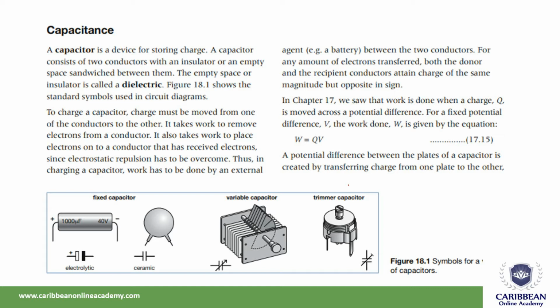Now, as it relates to calculating the work done to charge the capacitor, we can use this equation here that says work is equal to the charge multiplied by the potential difference. All right? And that will tell us the amount of work that was done to charge the capacitor.